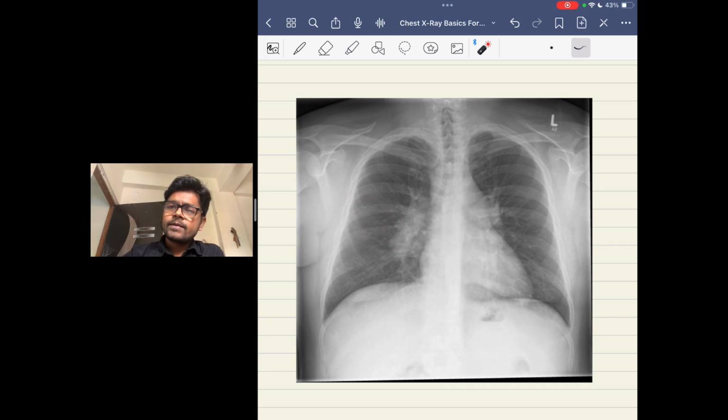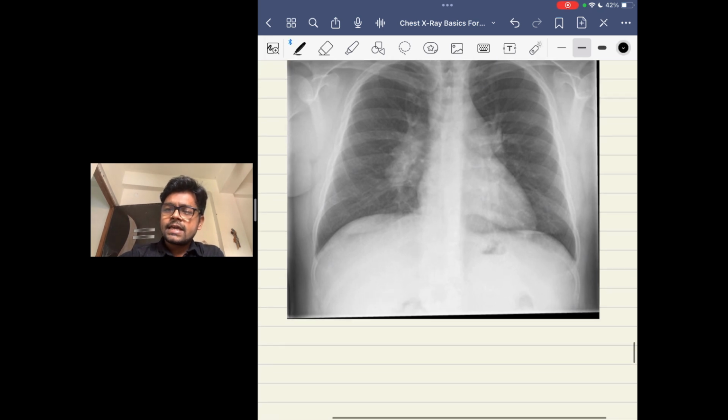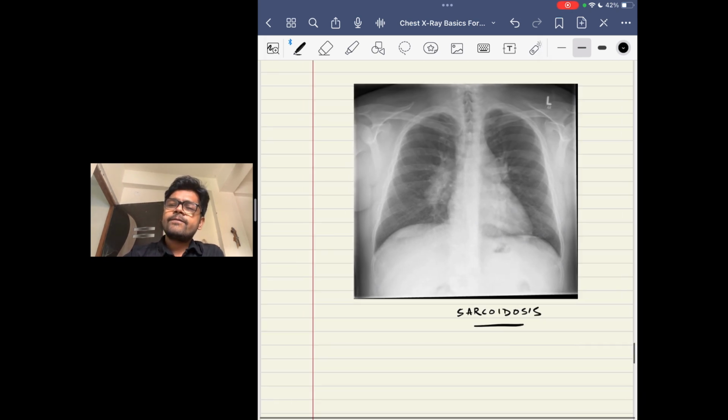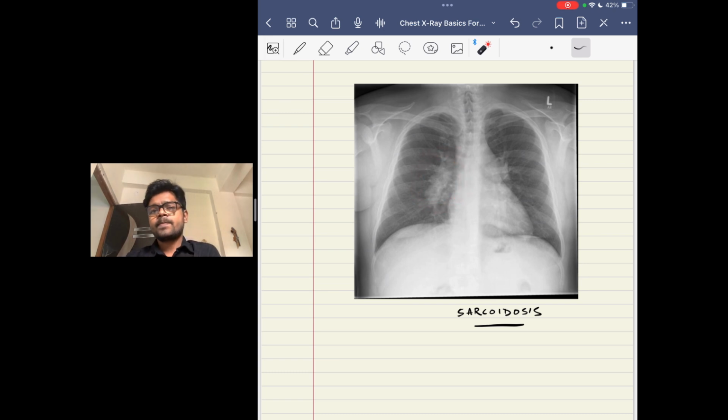So what do you make of it? If you are saying something like sarcoidosis, you are probably right. So in India, if you are finding unilateral hilar lymphadenopathy, think of TB. But if it is bilateral hilar lymphadenopathy, always consider sarcoidosis in the first differential diagnosis.